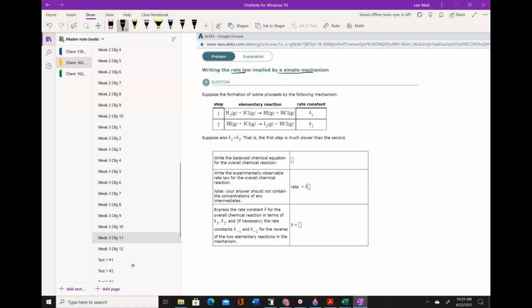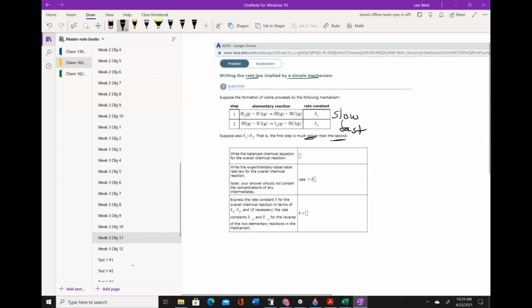It says suppose also that K1 is much, much smaller than K2. That is, the first step is much slower than the second. So we're still doing the easy type of problem. That one is slow and that is fast. So this is just like what we saw before.